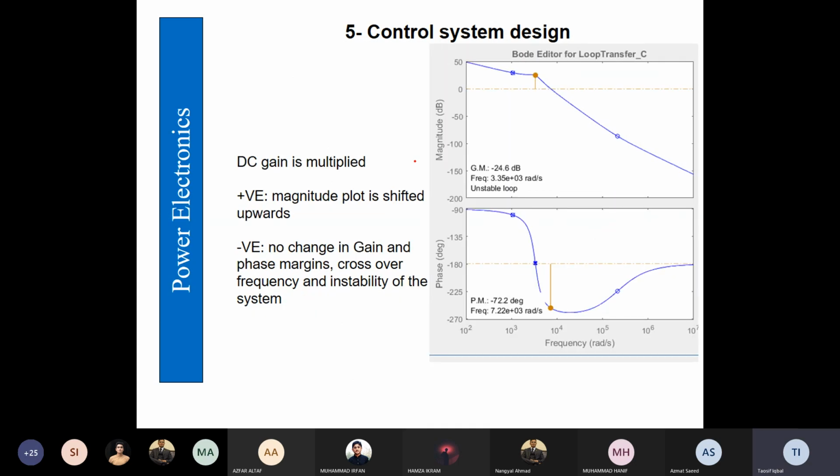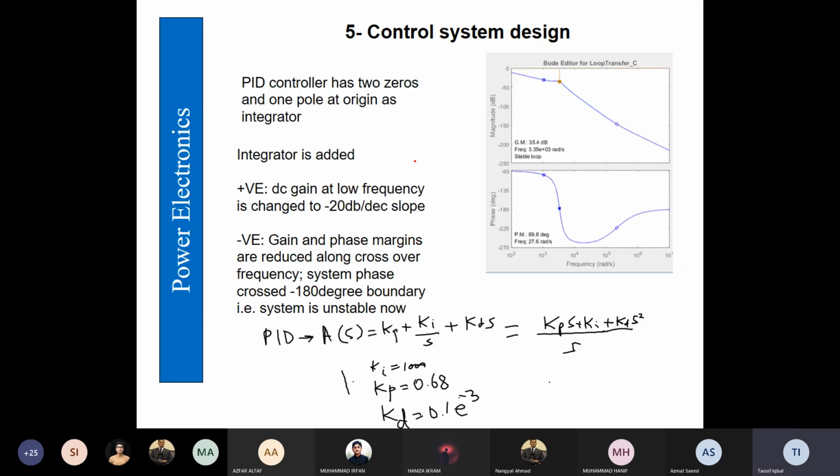And the loop gain. So first we multiply a DC gain. It does not change the phase plot. Okay.